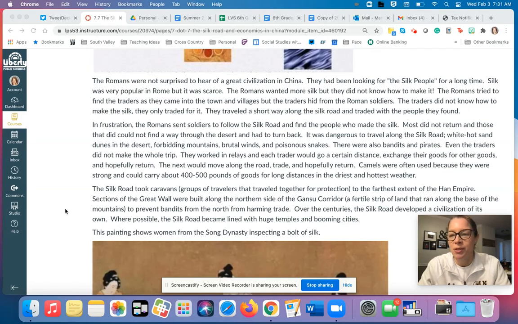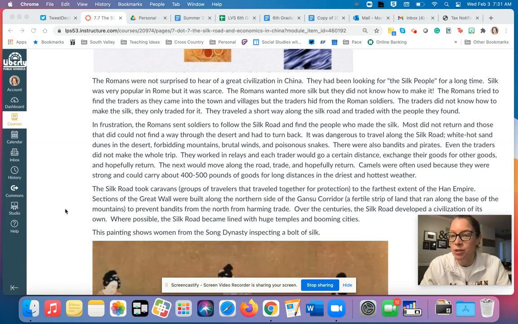The Silk Road was also a very dangerous route. You could run into all sorts of geographical features: mountains, deserts, poisonous snakes, weather features. There were raiders and people who would try to steal along the route.